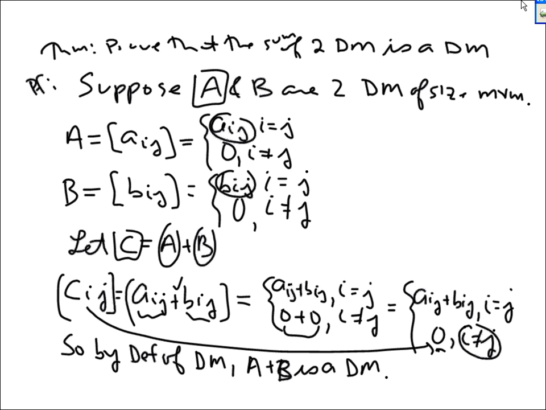Now, if you wanted to do the difference, here it is. 0 minus 0 is 0. Instead of plus, you should have minus. A minus B is also a diagonal matrix.